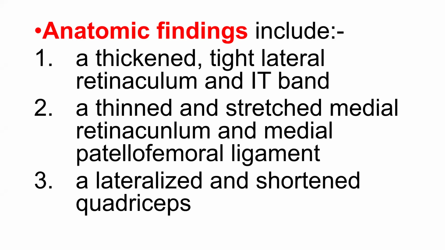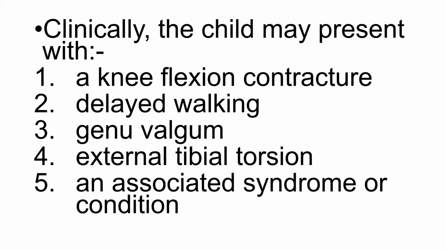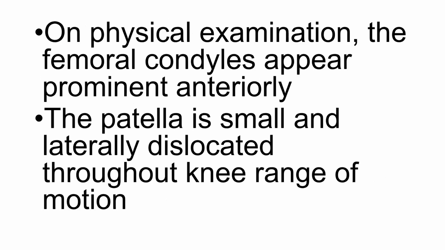Clinically, the child may present with a knee flexion contracture, delayed walking, genu valgum, external tibial torsion, an associated syndrome or condition. On physical examination, the femoral condyles appear prominent anteriorly.